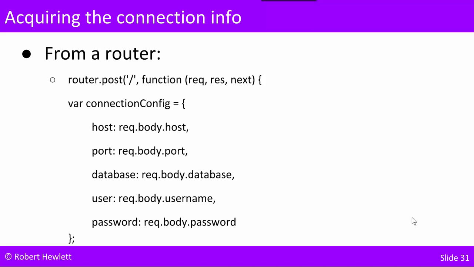The value I'm extracting from the request is from the body of the HTML, for a node called host. It could be a div, it could be something else, but in this case it will be an input within a form. Those names have to match. Host has to match whatever you put, in our case in the Jade templating file, as the name of that input. Same with port, database, username, and password.